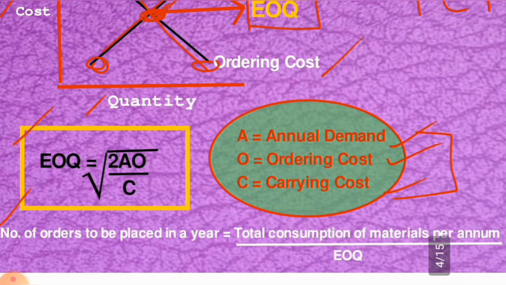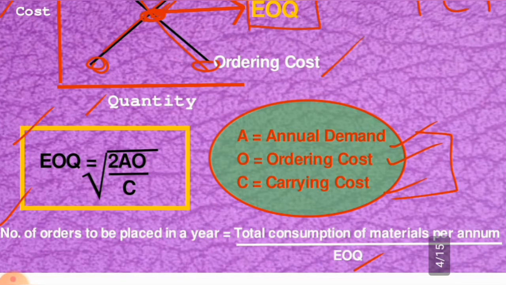Now here is another formula to find the number of orders to be placed in a year. From EOQ, we can find the quantity to be purchased in one order. And to find the number of orders to be placed in a year, firstly we should know what EOQ is, and we will divide the total consumption of materials per annum by it.